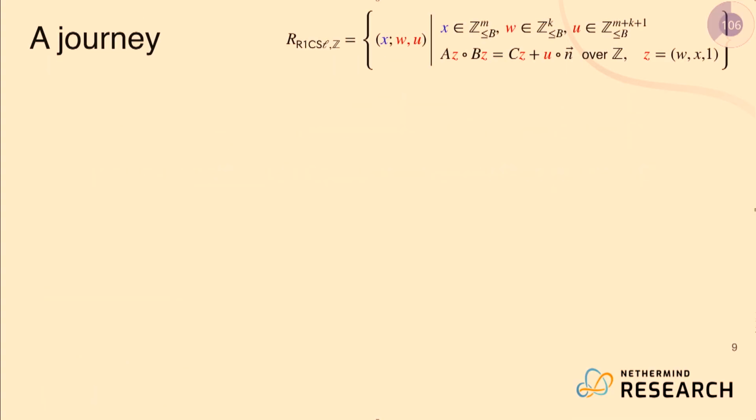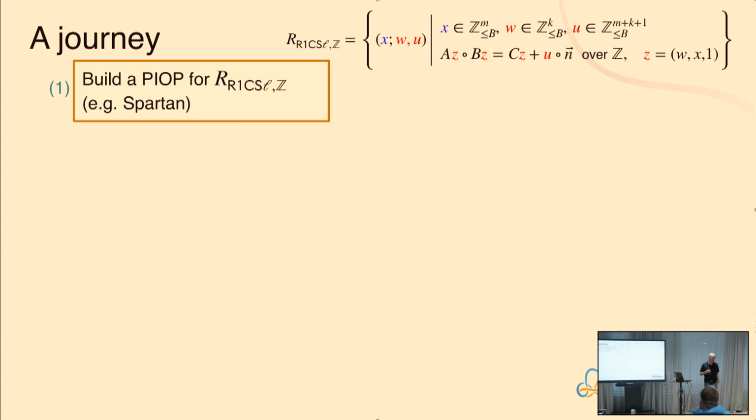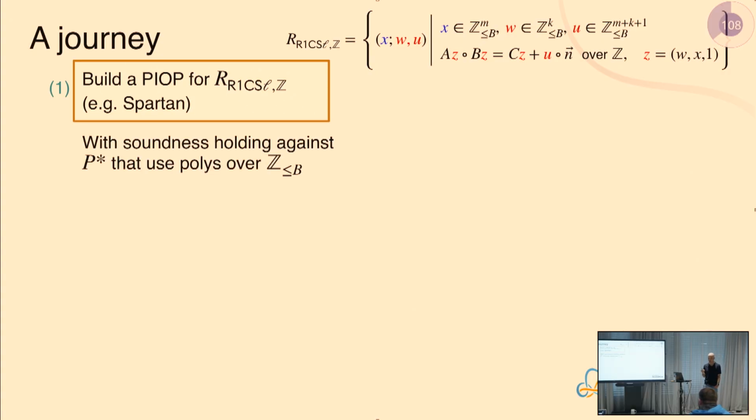OK, so we want to build a proof system for integers, for these constraints. We might just try to follow the PIOP plus PCS approach that we all know and love, which is: you first build a PIOP for your relation with soundness holding against provers that send polynomials of the correct form. That's what you do in SNARKs over a field.